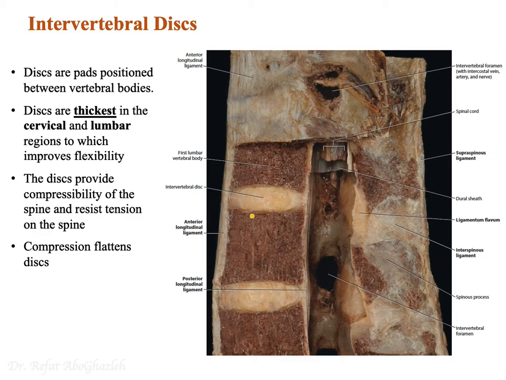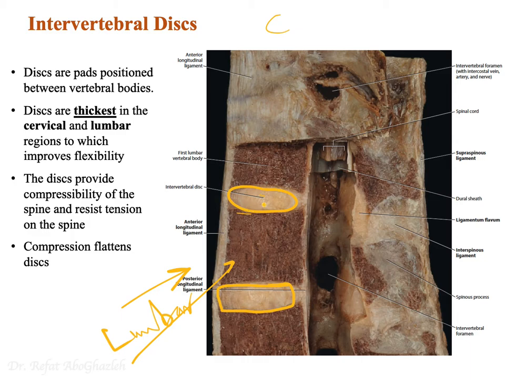Here you can see the intervertebral disc through the sagittal section, and the disc is thick here, in this section from the lumbar area. In the lumbar area and in the cervical area up in the neck, the intervertebral disc is a little bit thicker than those in the thoracic area.